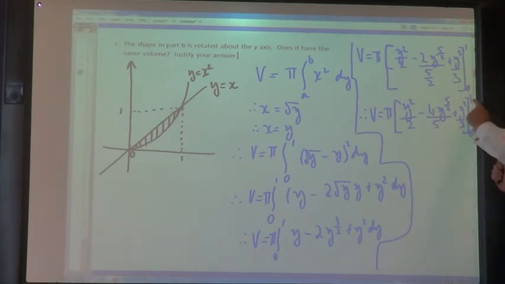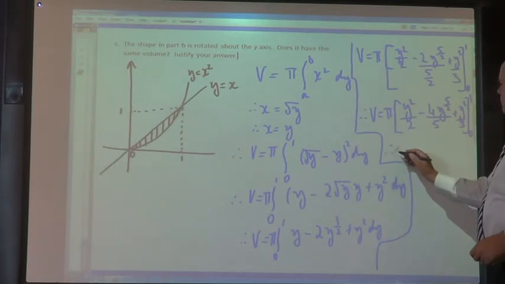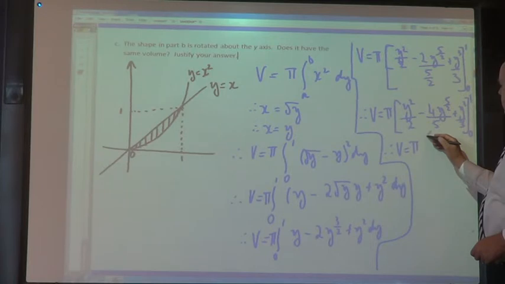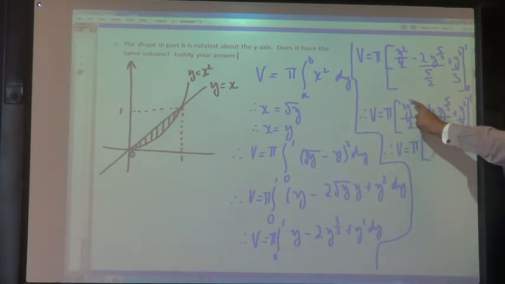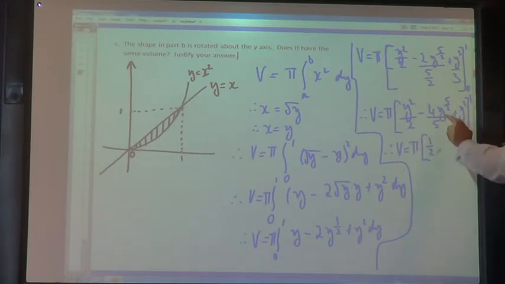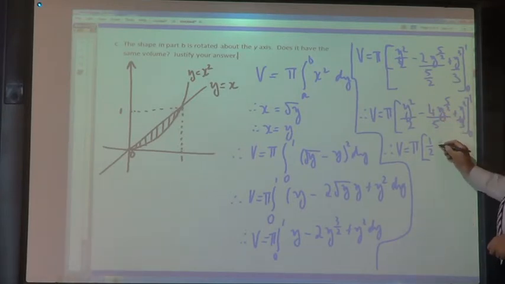Fortunately 1 and 0 are nice to substitute in, especially 0, because it generally comes to 0. And this is what we get. A half. What have we got here? 1 to the power of anything is 1, so it's 4 times 1 is 4 divided by 5, so 4 fifths.